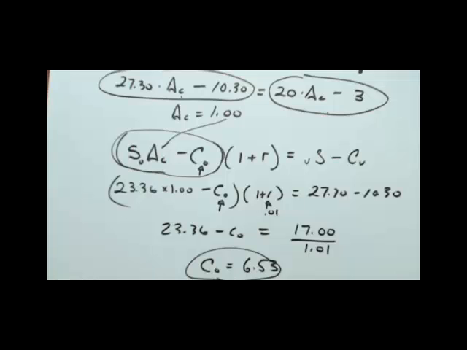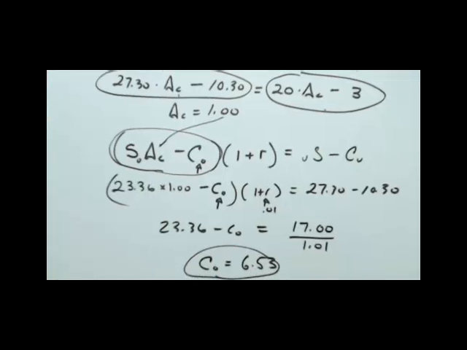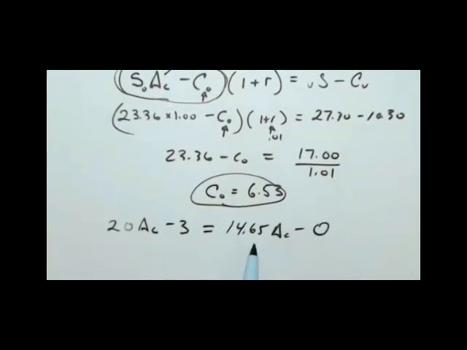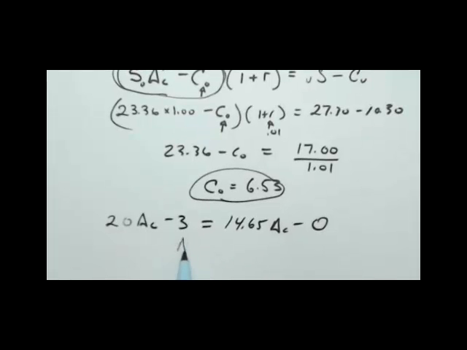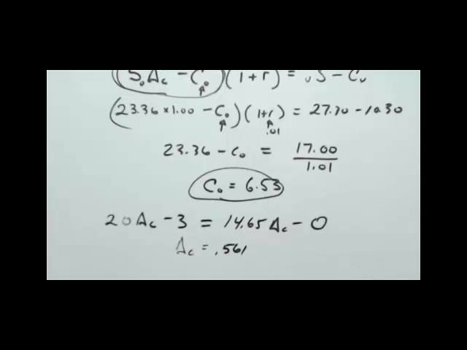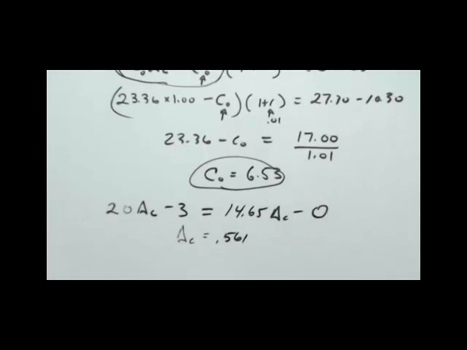So I have to find delta C to get these two sides equal. And the delta C to get these two sides equal is equal to 0.561. That's delta C.